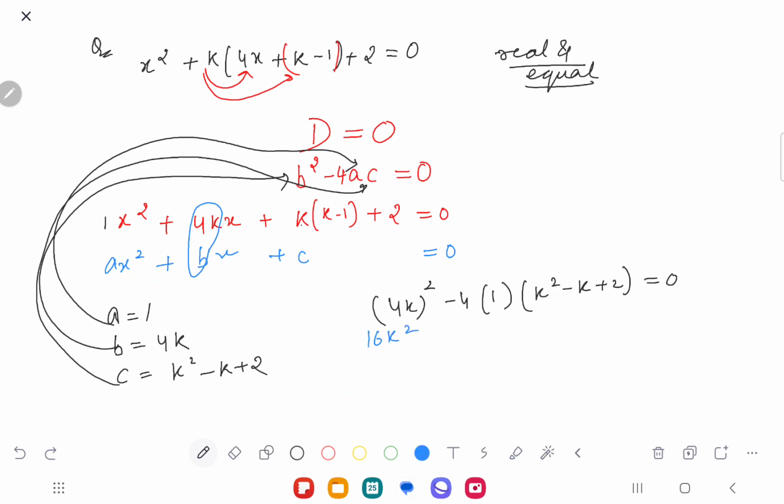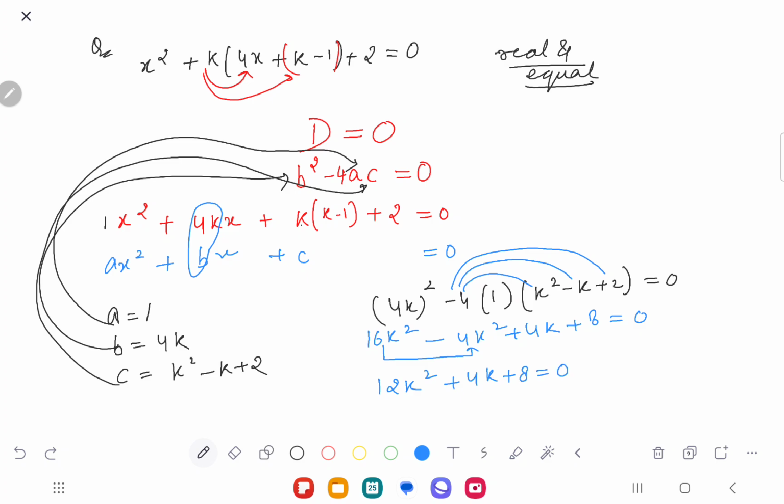That's 16k square minus 4k square. Minus and minus becomes plus 4k. Minus times 4 plus 2 shall become plus 8 equals to 0. So I will have 16k square minus 4k square, that shall become 12k square plus 4k plus 8 equals to 0 minus 8, isn't it?